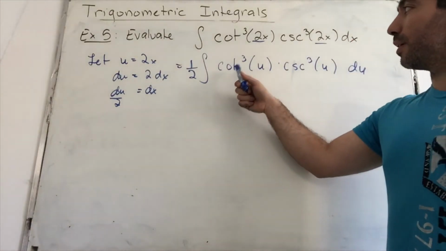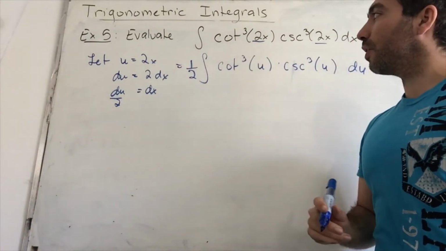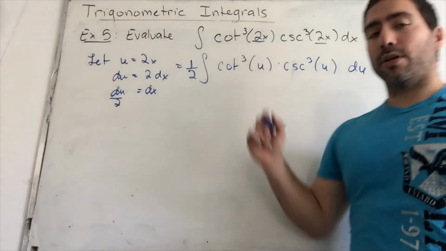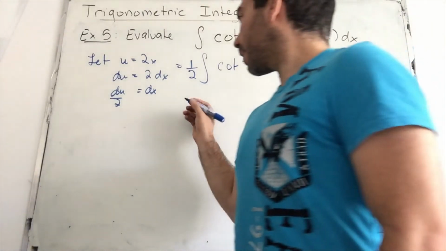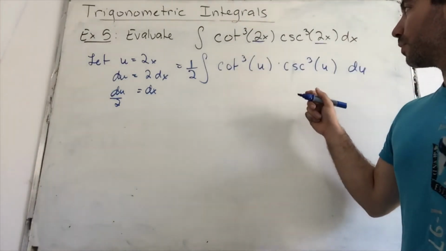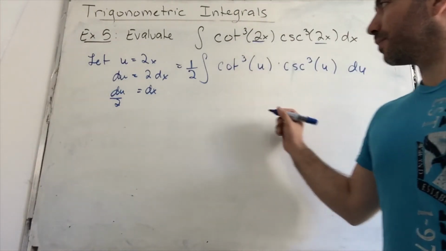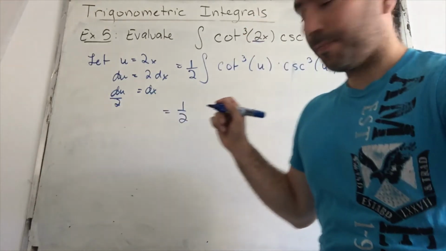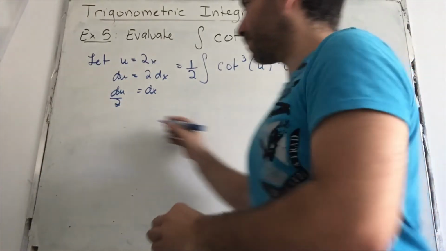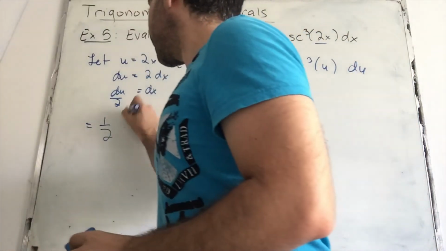Since the exponent of cotangent is odd, we save a cotangent times a cosecant, and we let u equal cosecant. So let's go ahead and do that. Let's write it down here.